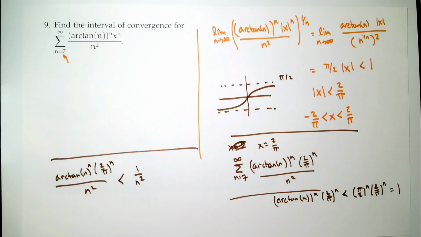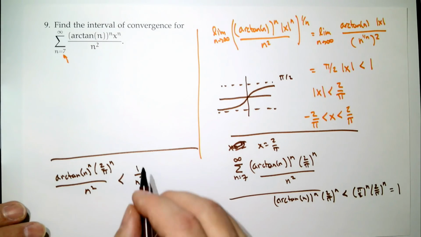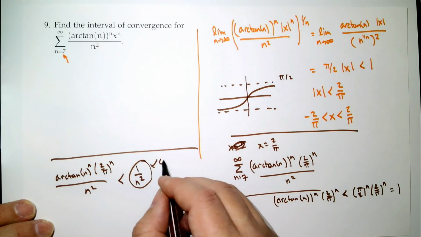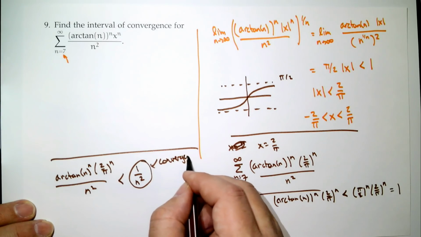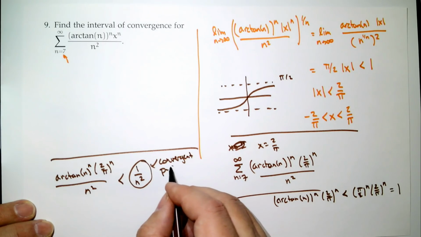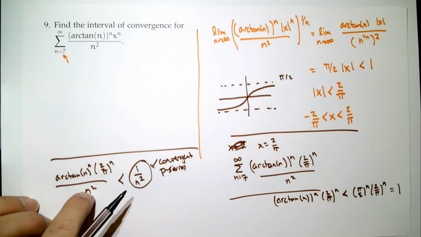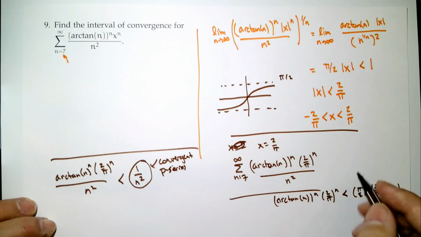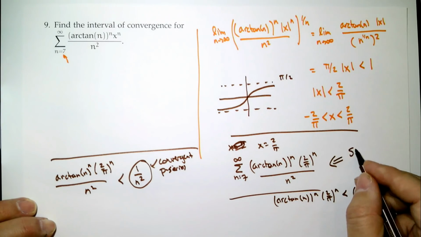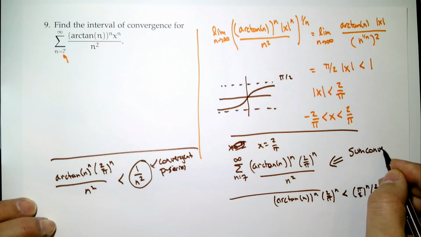This is a good comparison. What do we know about 1 over n squared? It's a p-series, converges. So this is a convergent p-series. And therefore, what's true about this sum? That means it also converges. So this sum converges by comparison test.